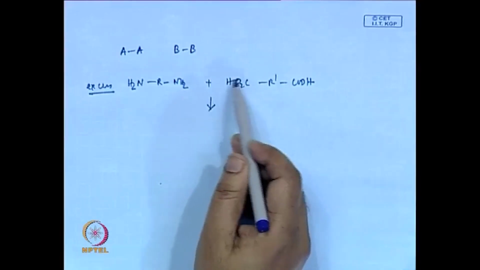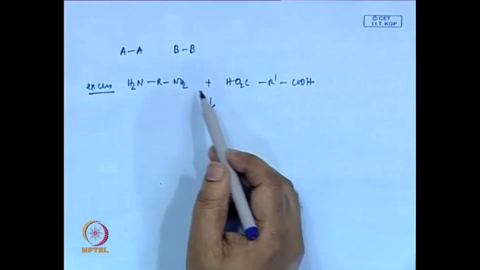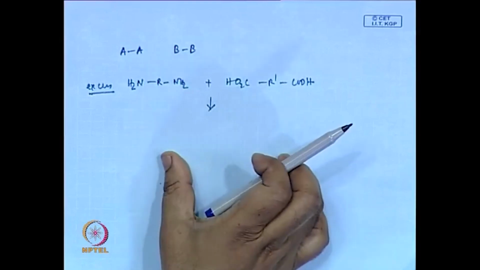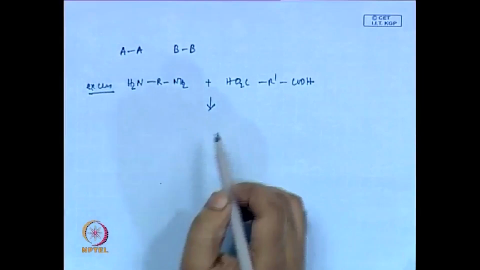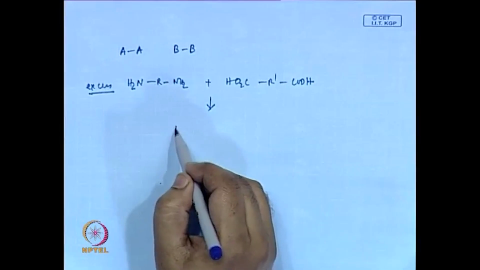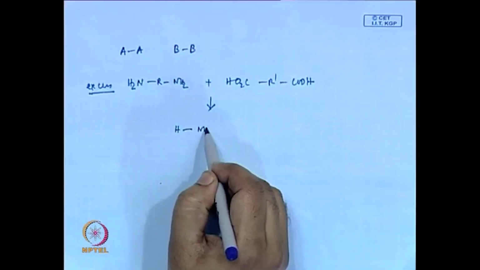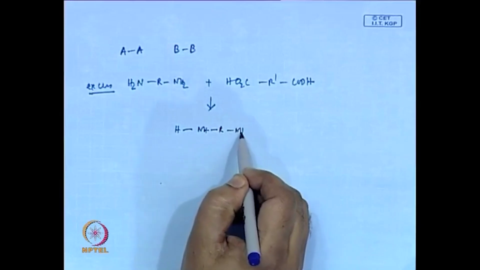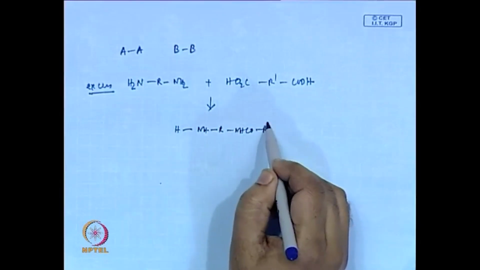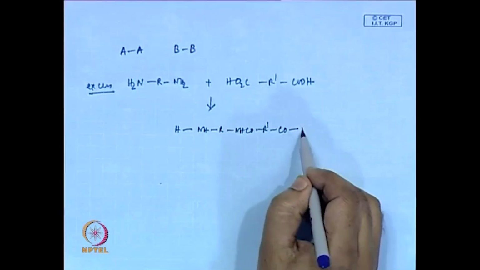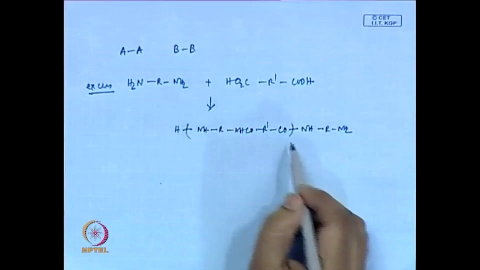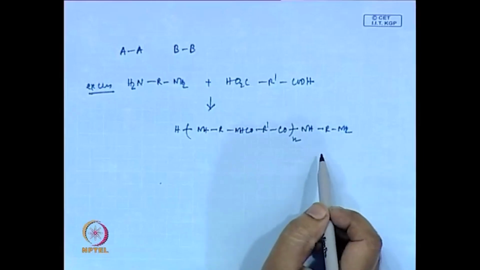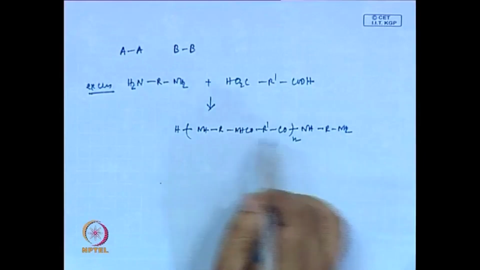At the end, all the carboxylic groups will be consumed and you will end up with a polymer or oligomer chain with amine groups on both sides. So, you will end up with something like this. In this case both sides are amine groups.